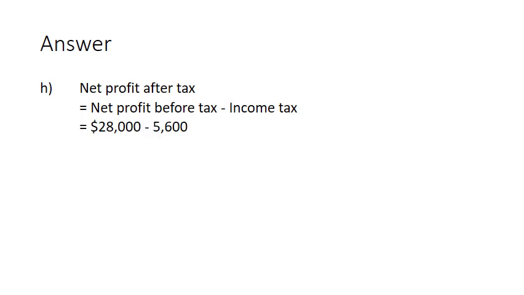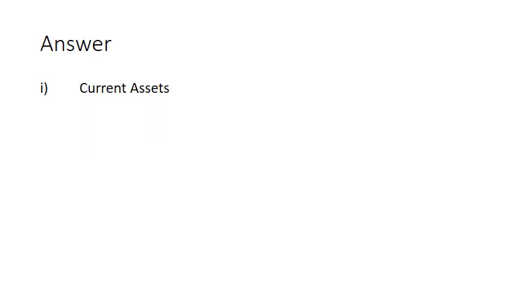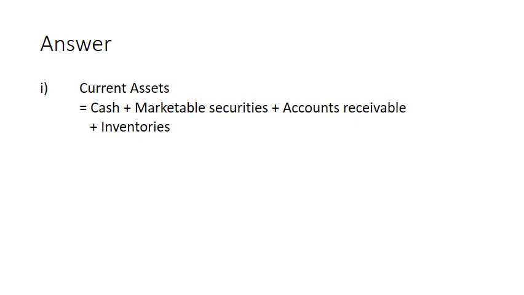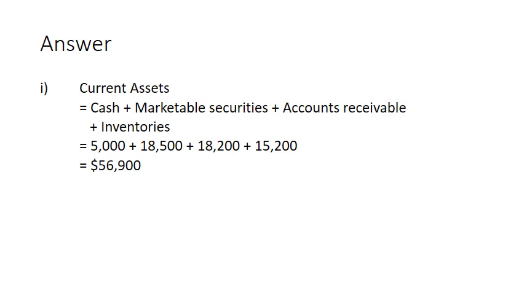Basically, it's 28K minus 5.6K, which gives you 22.4K. Next, we have current assets equal to cash plus marketable securities plus accounts receivable plus inventories, which is 5K plus 18.5K plus 18.2K plus 15.2K, equal to 56.9K.